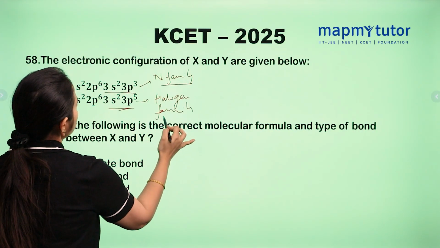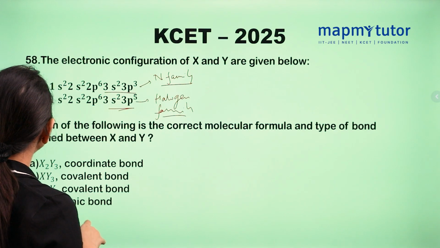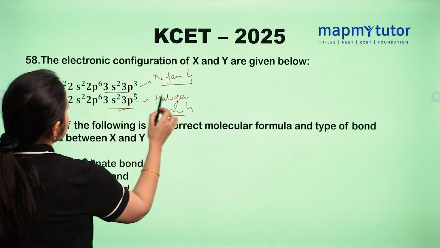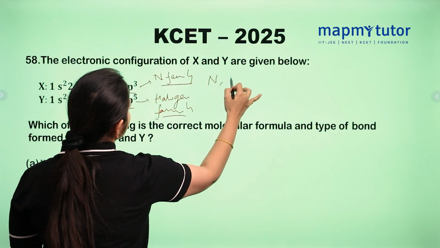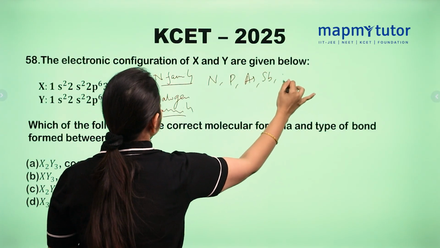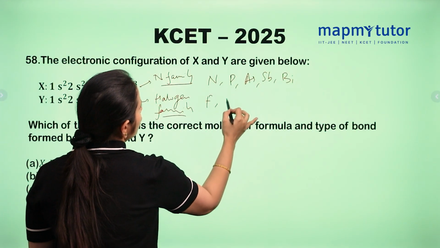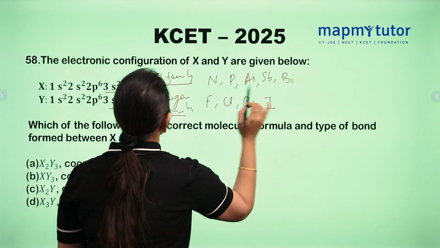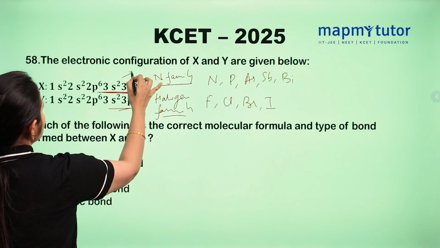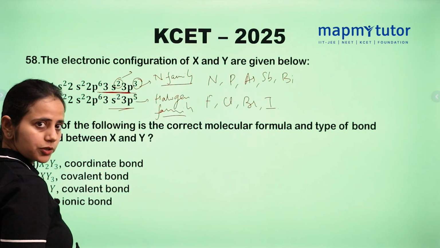So this is the nitrogen family, this is the halogen family, and he is asking about the type of bond between X and Y. X can be nitrogen, phosphorus, arsenic, antimony, bismuth, and Y can be fluorine, chlorine, bromine, iodine. Here the nitrogen family can lose either 3 electrons and form a stable configuration, or 5 electrons from the outermost shell.